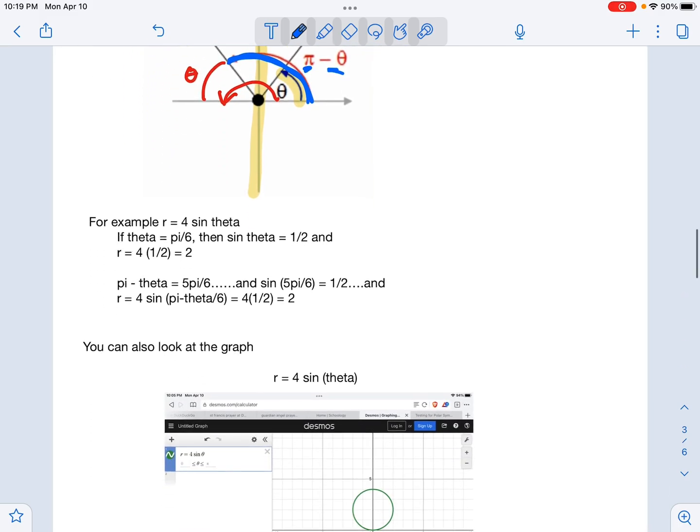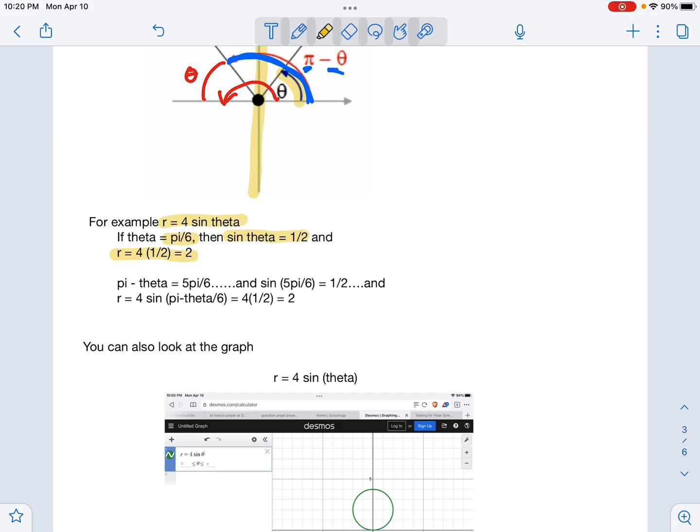An example for that is r equals 4 sine theta. Say theta is equal to pi over 6. It could be any point, but this one's easy because we know the answer. When theta is pi over 6, sine of theta from the unit circle is 1/2, and therefore r is 4 times 1/2, which is 2.